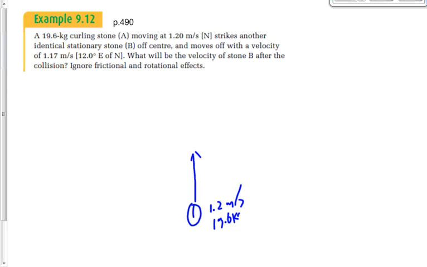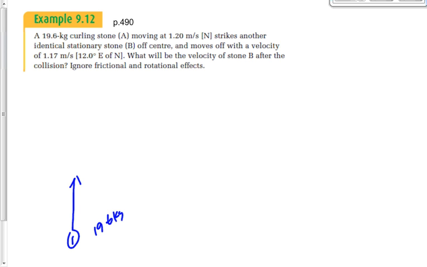Okay, let's draw it over here so we have some more space to work. So object number 1, curling stone number 1, 19.6 kilograms with a velocity of 1.2 meters per second to the north. Curling stone B is at rest. Presumably it has a mass of 19.6 kilograms as well, but a velocity of 0 meters per second. Now it hits it off center.